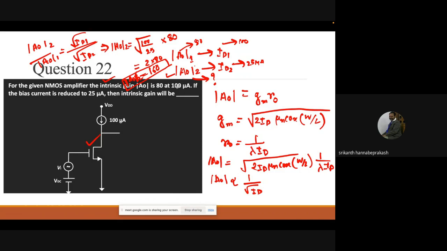So I cannot say particularly that this circuit is going to be efficient for a particular application. It depends upon the technology, how it is implemented inside the IC.